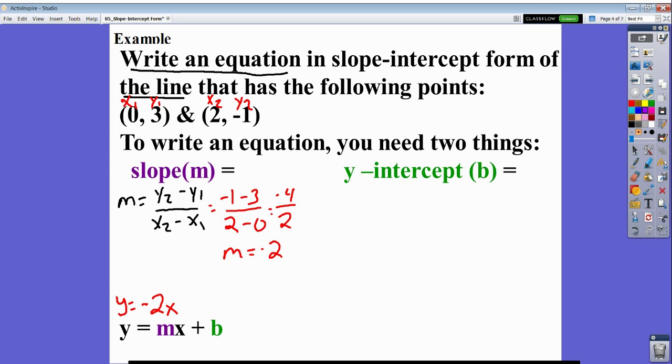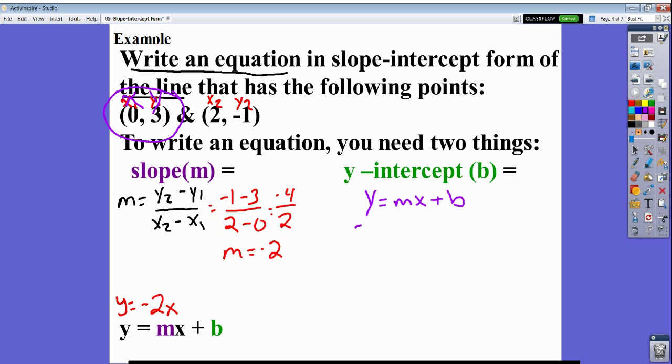The way we find the b, or the y-intercept, is pretty much the same almost every single time. We use the base equation for slope-intercept form, which is y equals mx plus b, and we plug in a point. I'm going to choose (0, 3). Remember, the first one is our x, and the second one is our y.